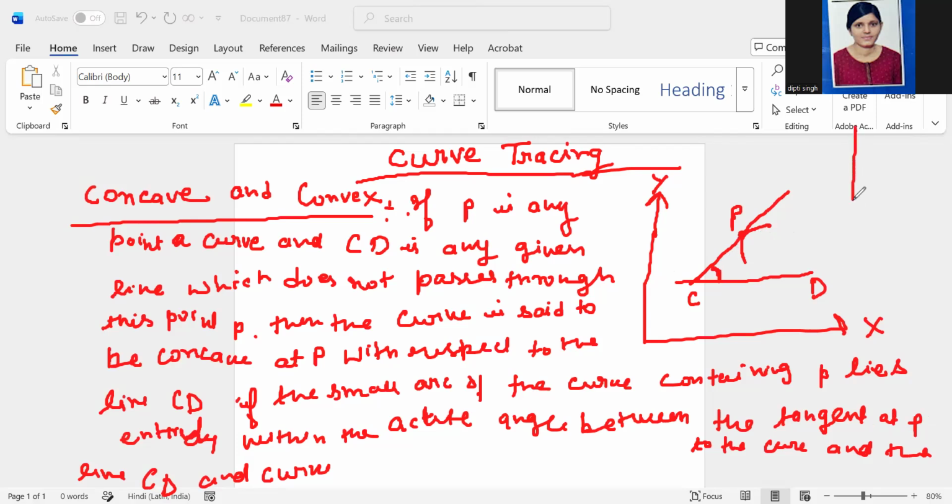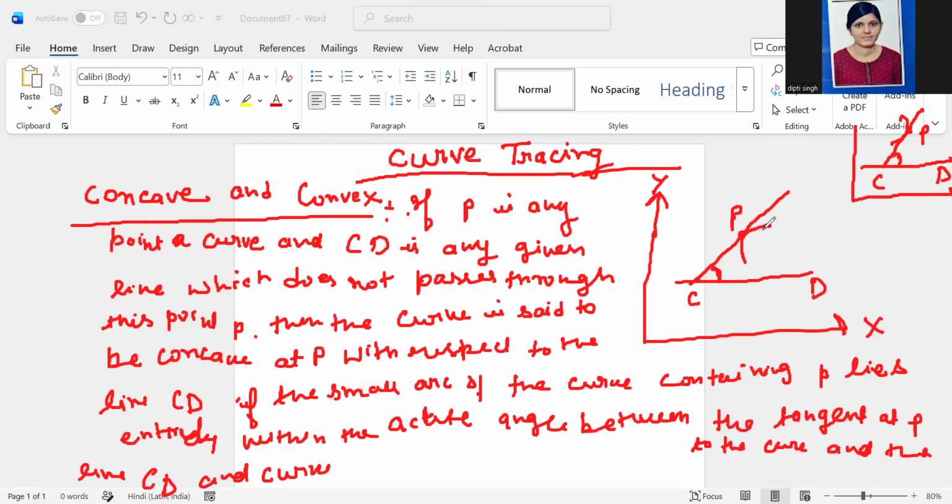You can see here if we have a curve like this and we have the line CD, this is the point. Now you can see this is the acute angle and this curve is outside the acute angle, so this is known as convex.